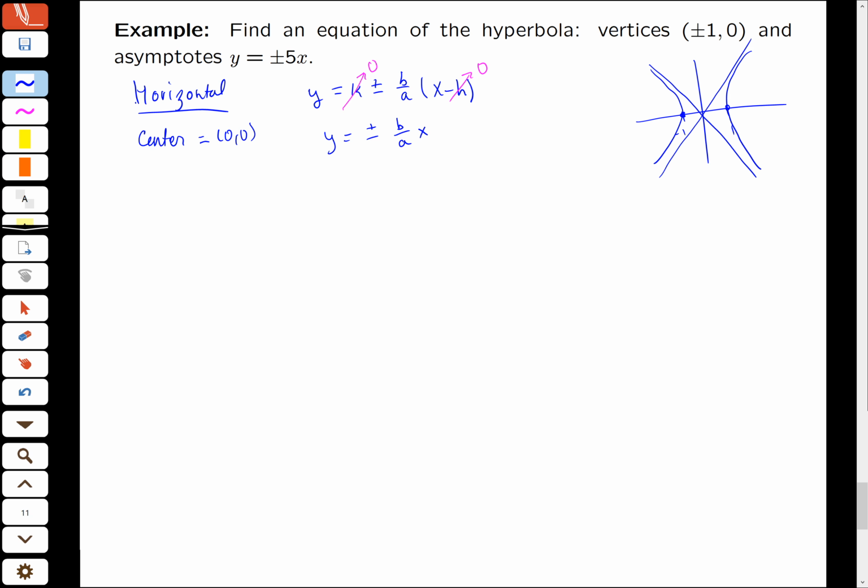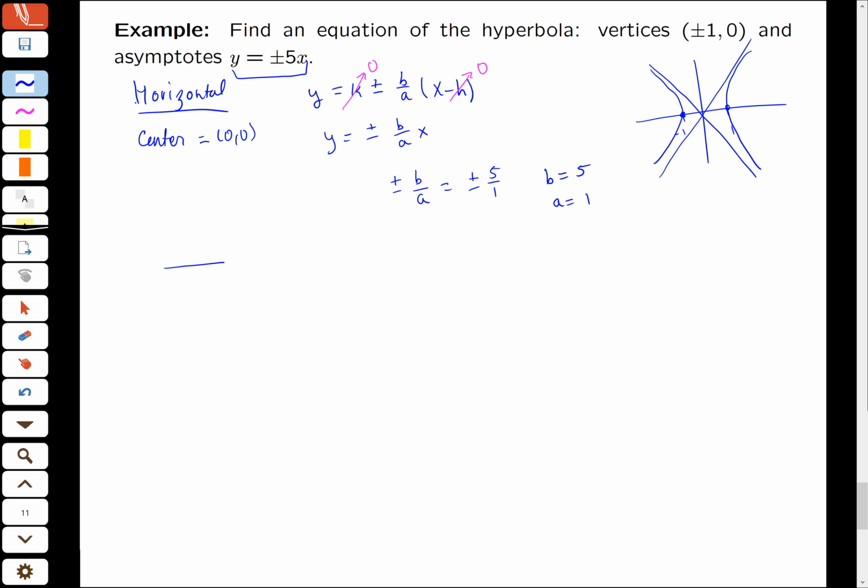Comparing that with the equation they gave us, that means plus or minus b over a is equal to plus or minus 5 over 1. That says b is equal to 5, a is equal to 1. I am ready to write down my equation. It's horizontal, so the a value goes underneath the x.